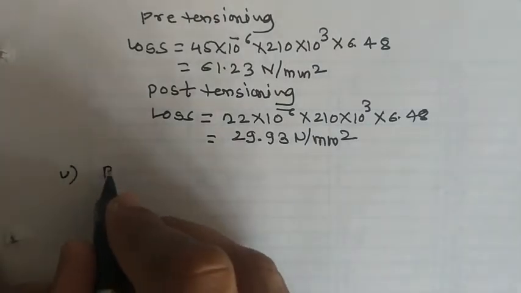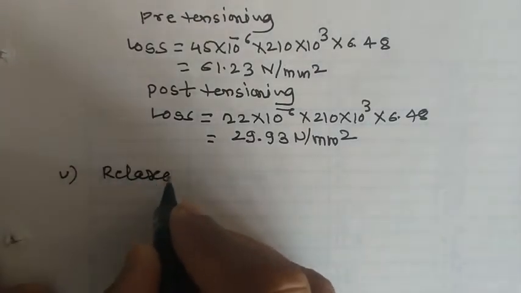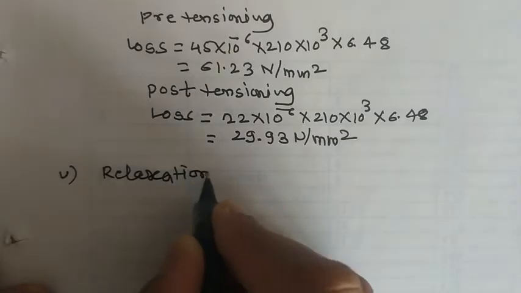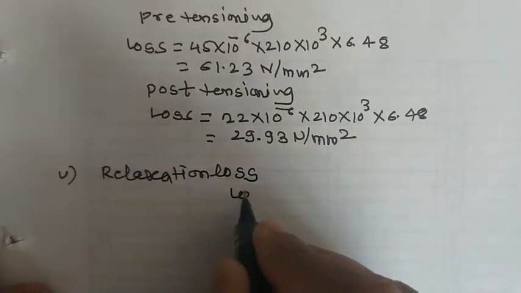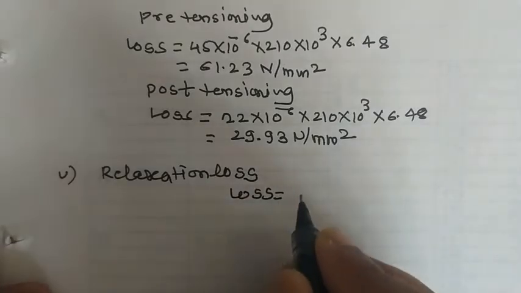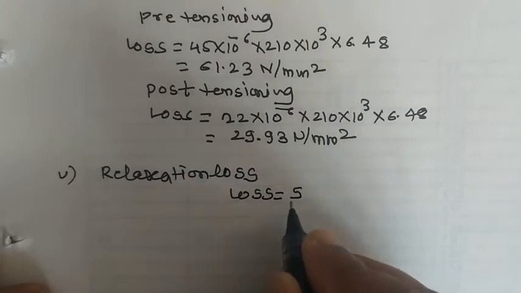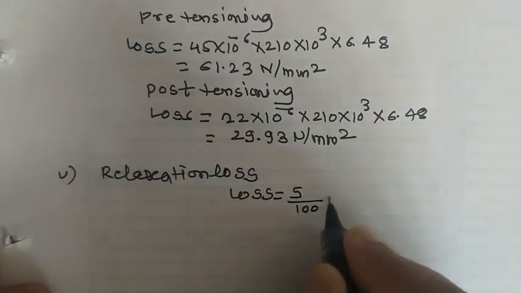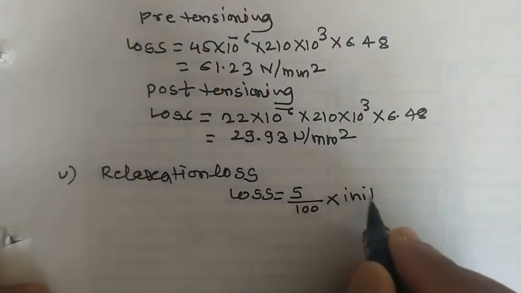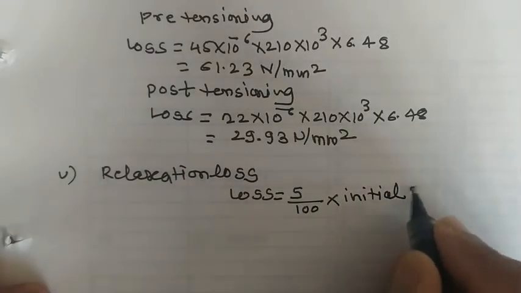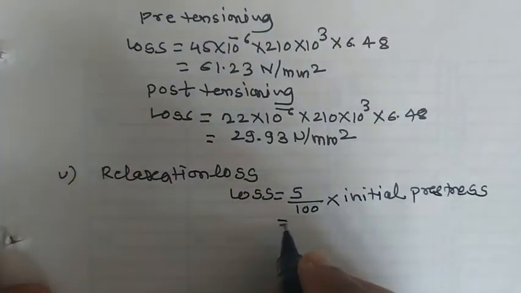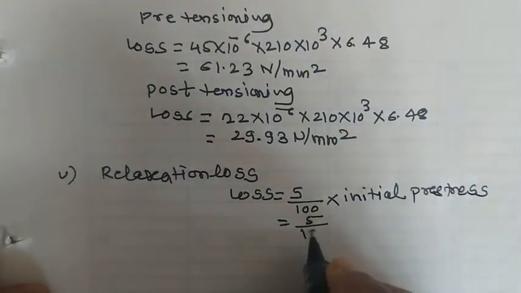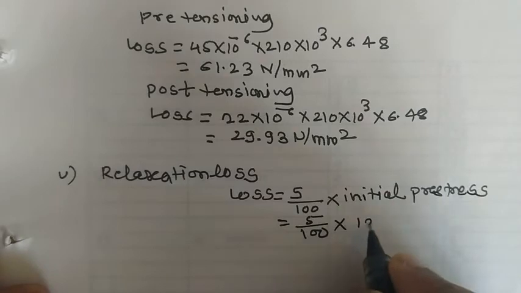Fifth one is relaxation loss. So this loss is 5% of initial pre-stress. Okay, so 5 divided by 100 into initial pre-stress.